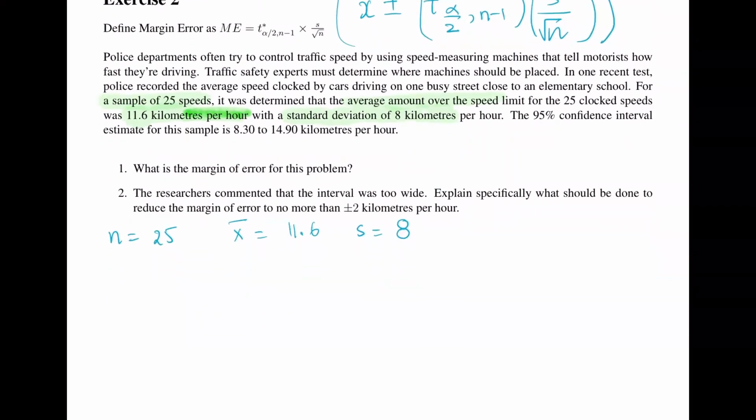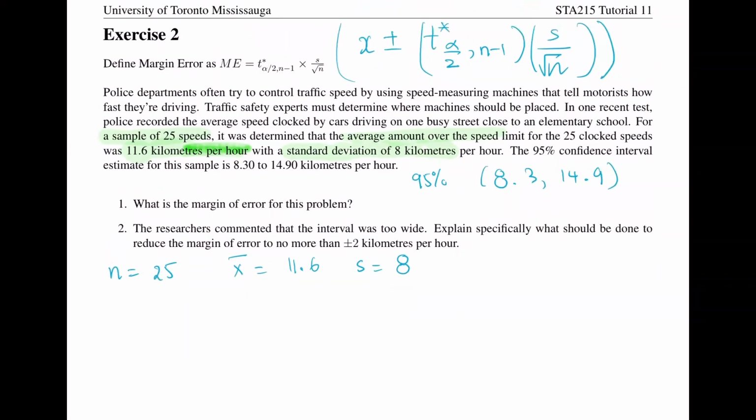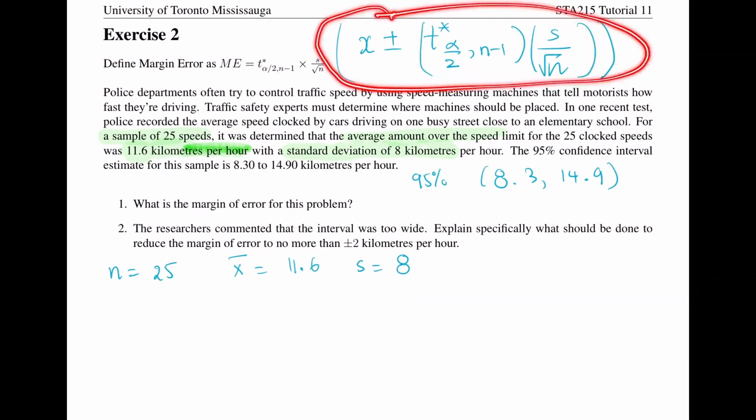And then we have the 95% confidence interval. This one we are given from 8.3 to 14.9. So they ask us, what is this quantity? And remember, for the confidence interval, this is how we obtain the confidence interval, right?